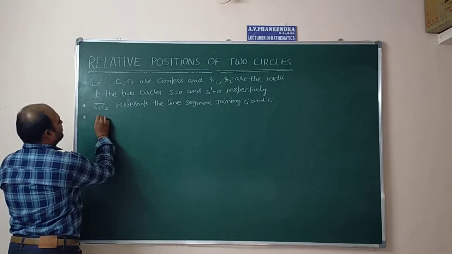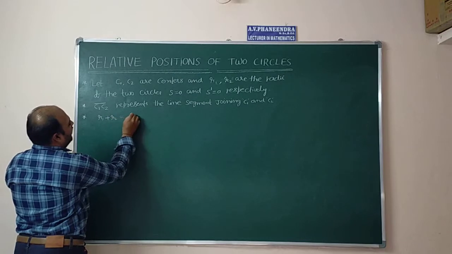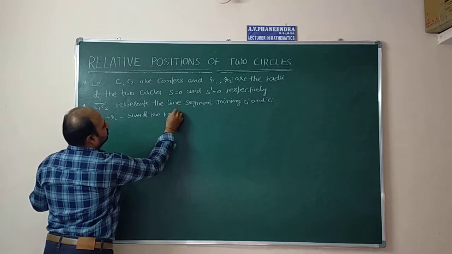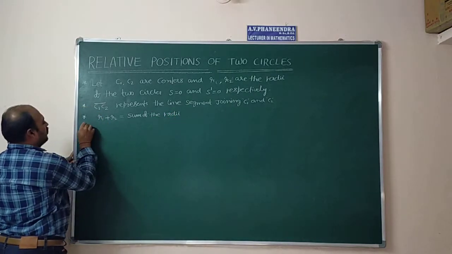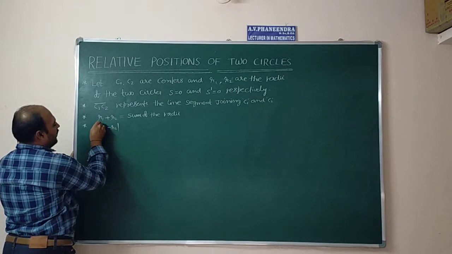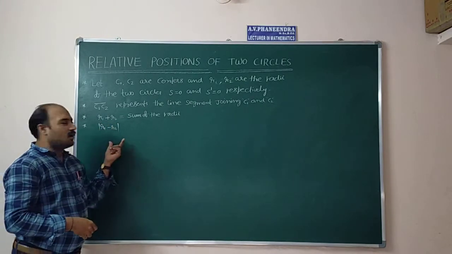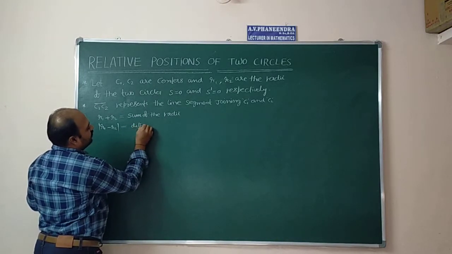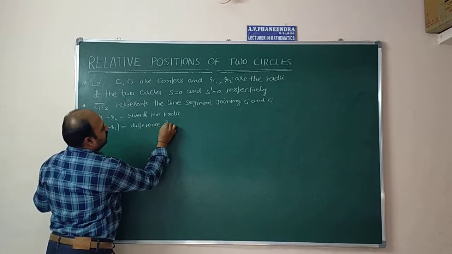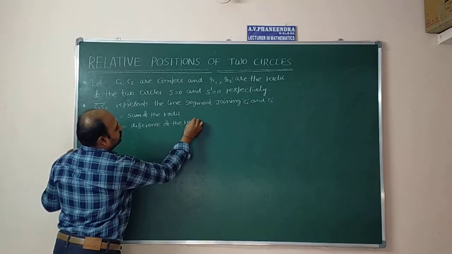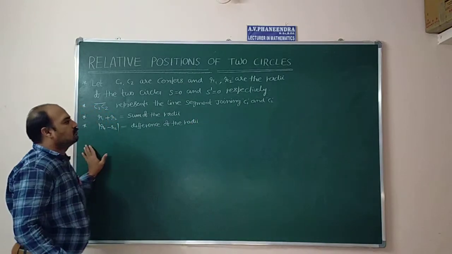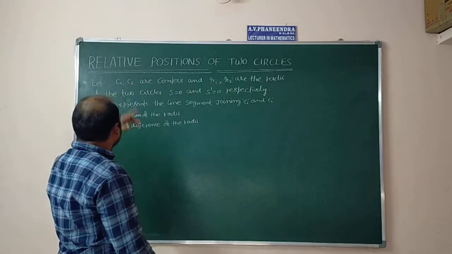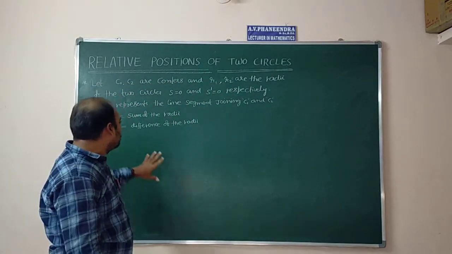After that, calculate R1 plus R2, the sum of the radii. Fourth one, the difference of the radii, mod of R1 minus R2. Why we are taking mod: we don't know which radius is going to be bigger. It's the difference of the radii. This information we have to know to discuss the relative positions of two circles.